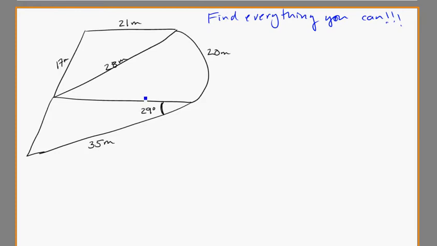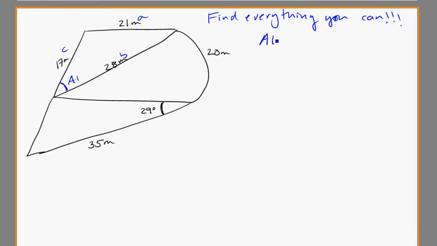Okay. I'm going to notice that I've got triangles and sectors, and I've got 3 sides here. I know that if I've got 3 sides, I can find an angle. So I might find this angle down here. Call that A, little a, B, and C. I might just label it as A1.